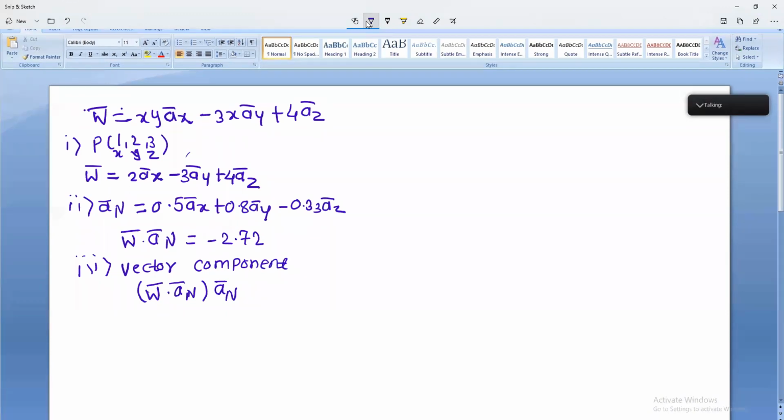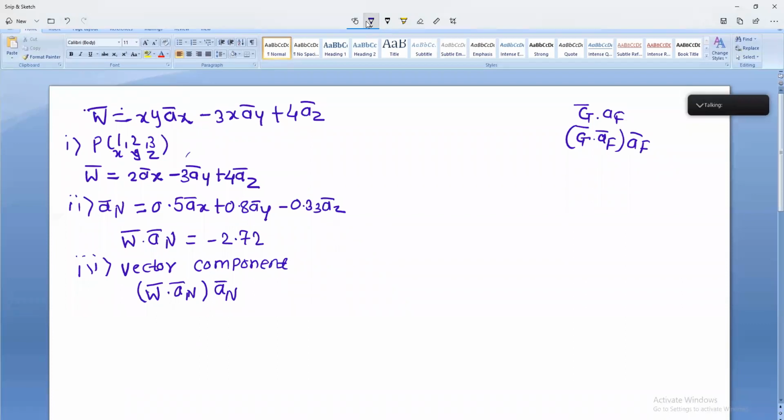For the scalar component, the formula is g bar dot a bar f, means that vector dot product with the unit vector in the direction in which we are projecting vector g bar. This is the scalar component, and the vector component is g bar dot a bar f into again a bar f, right?